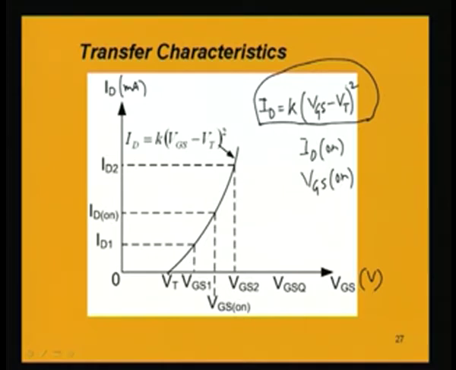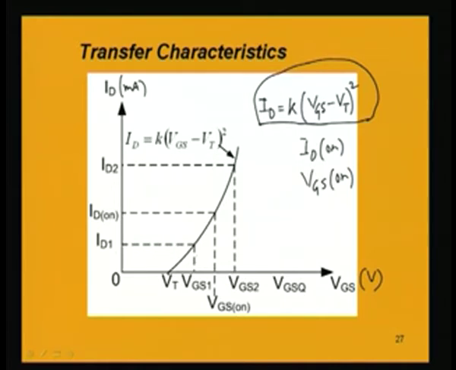Now, we are given a pair ID and VGS for on condition of the MOSFET. So, if we replace these values in this equation, we get the value of K, which is a constant. Once we know the constant, for any other value of gate to source voltage, we can find the drain current. So, let us do that. For any other value, say VGS1, we find the drain current, which is ID1.